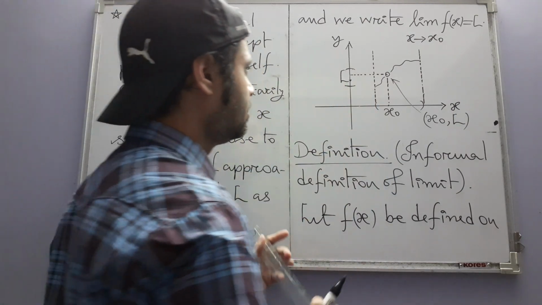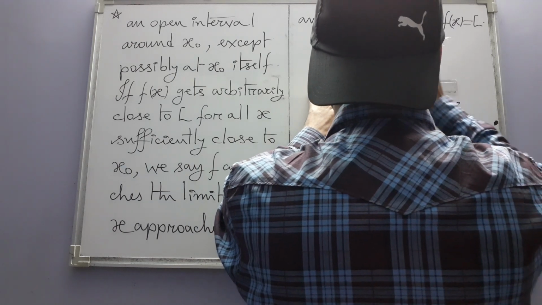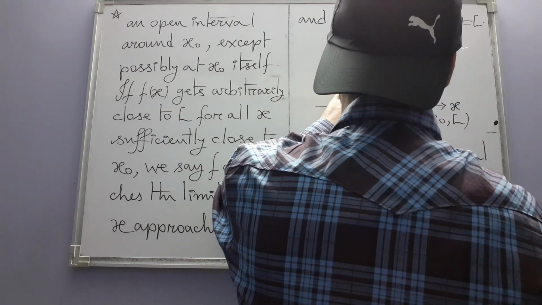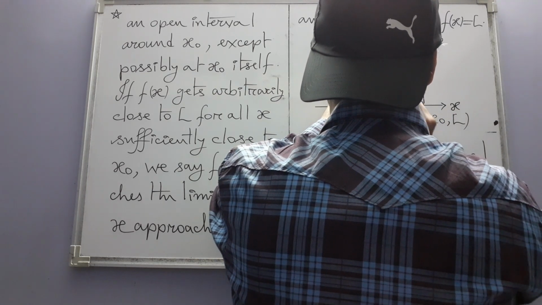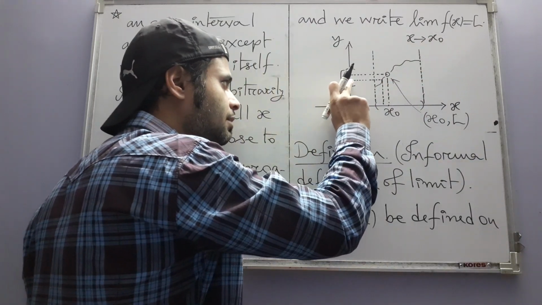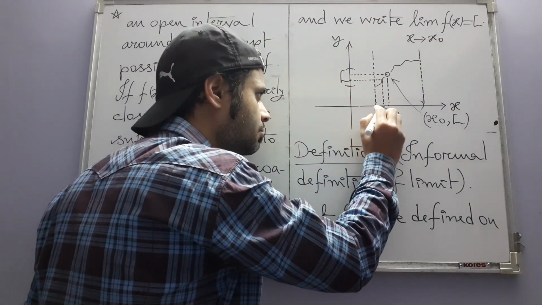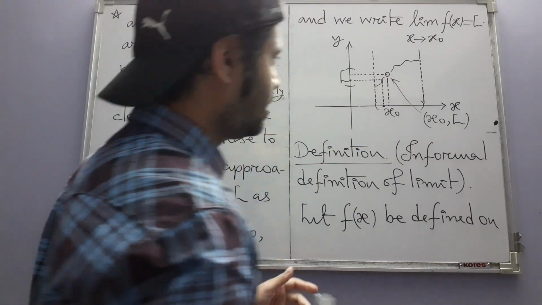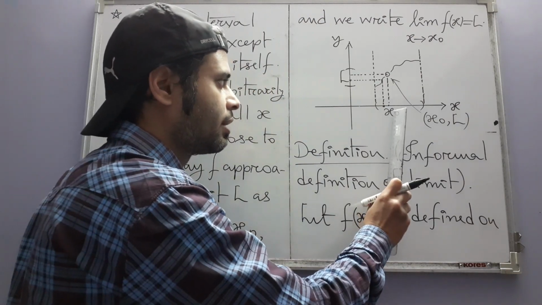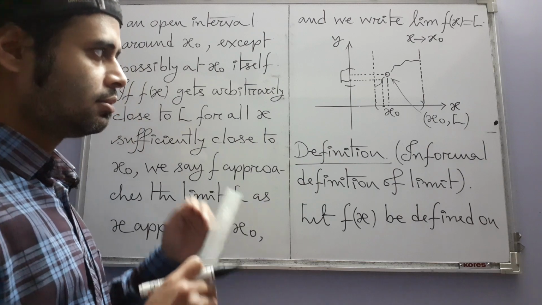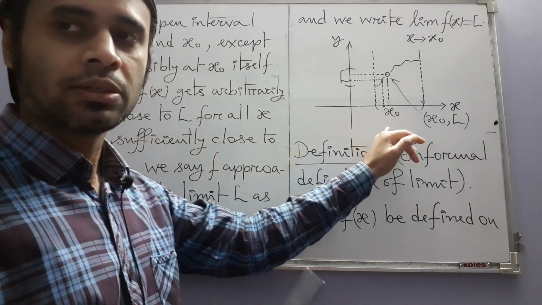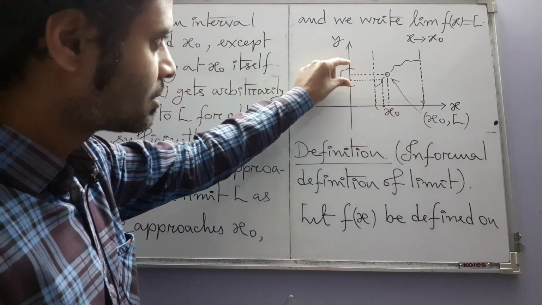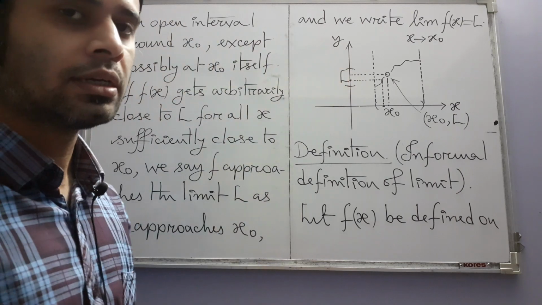okay, then for that f of x, you of course should have your x here. For this f of x, x should lie here, okay, but can you identify some area around x naught so that whenever you are choosing your x value from inside that area, your f of x value will lie within this interval?